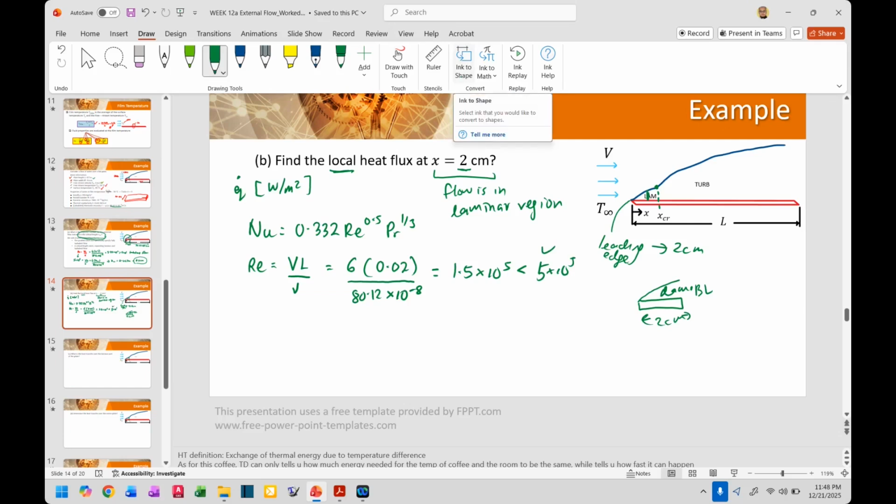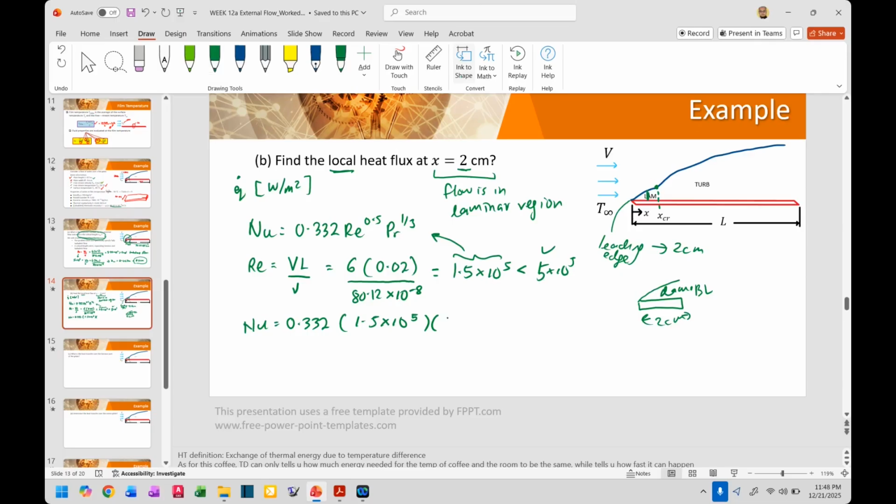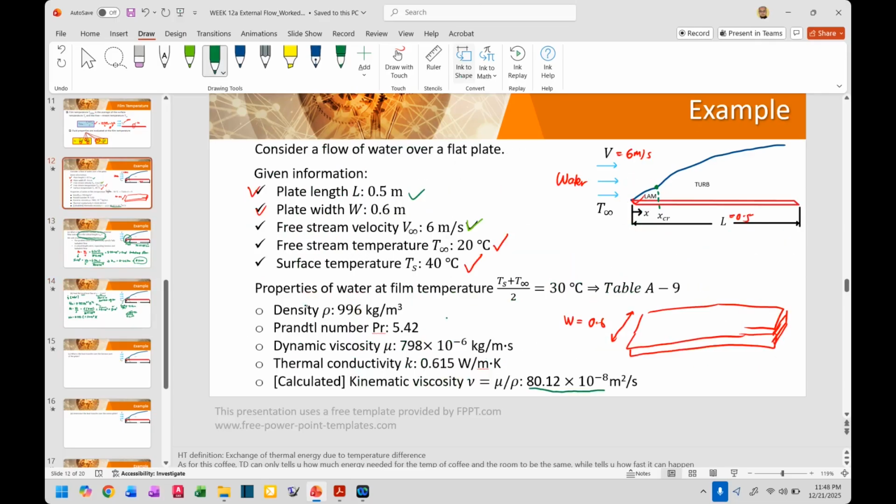Now you have to plug this Reynolds number into the Nusselt equation here. So we will have 0.332 times 1.5 times 10 raised to the power 5, to the 0.5. Prandtl number was 5 something, right? It was 5.42, right?